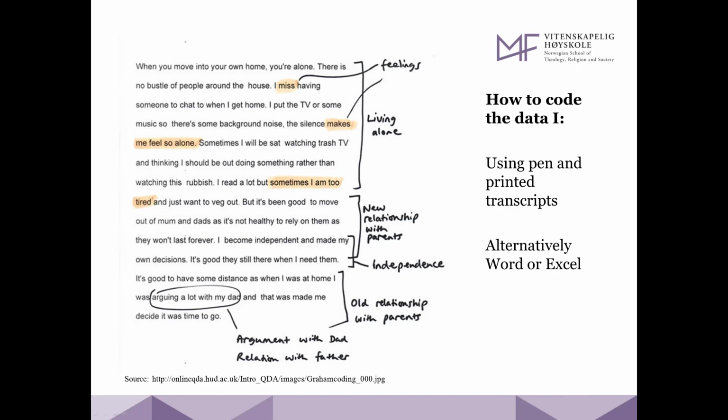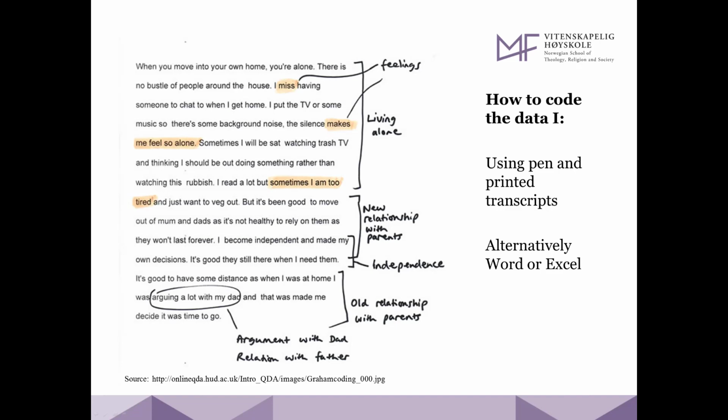So analysis and coding always happens in a kind of circular process where you might have to go back to an interview, go back to your field notes, go back to the text that you're analyzing several times, because your understanding of your data develops as you read. When you get to text number 4, you have a different understanding of your whole data than when you read the first text. So you might need to reread the first text or the first interview transcription.